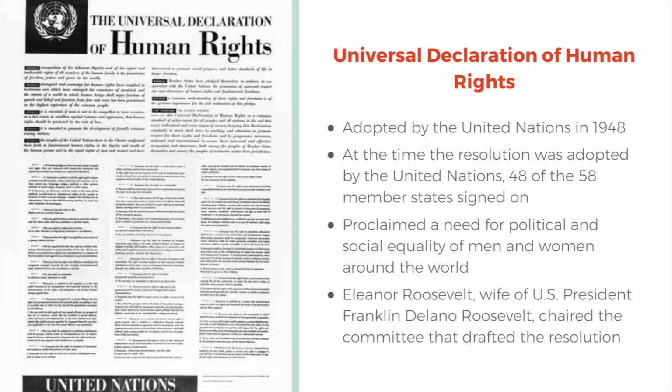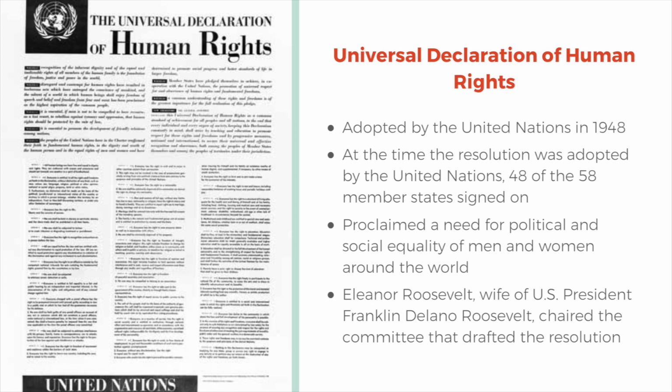So on December 10, 1948, the United Nations General Assembly, which was meeting in Paris at the time, proclaimed the Declaration as a common standard of achievements for all peoples and nations. At the time, it was passed as Resolution 217A and was signed by 48 of the United Nations' 58 member states at the time.